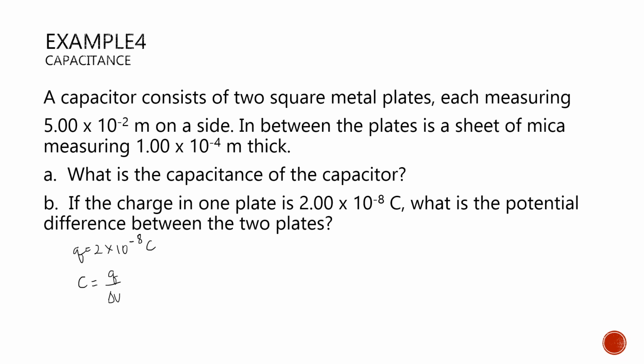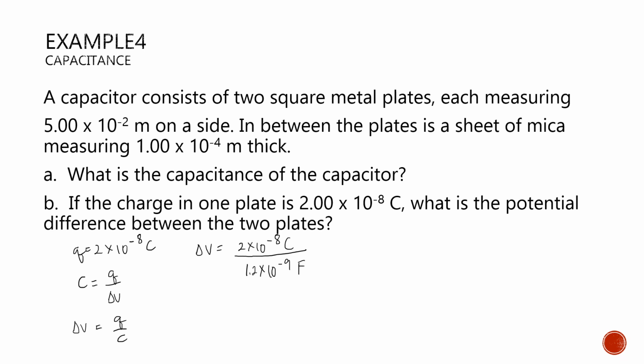So the potential difference is Q over C: 2 times 10 to the negative 8 and C from letter A, which was 1.2 times 10 to the negative 9 farad.